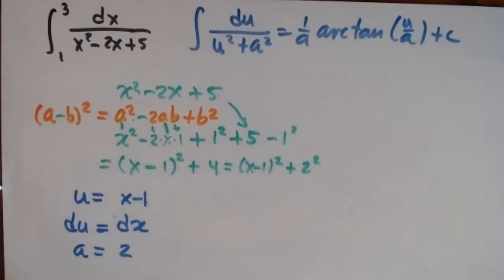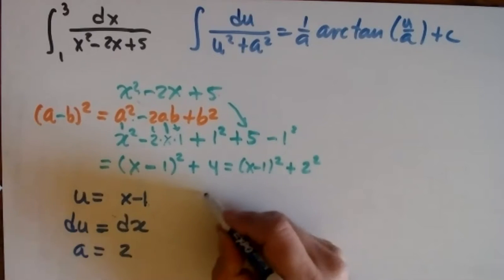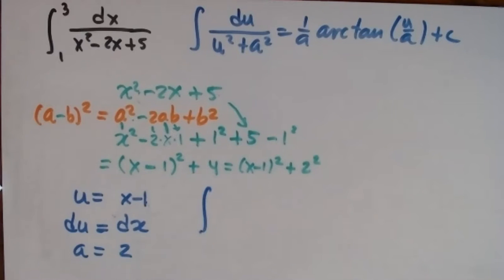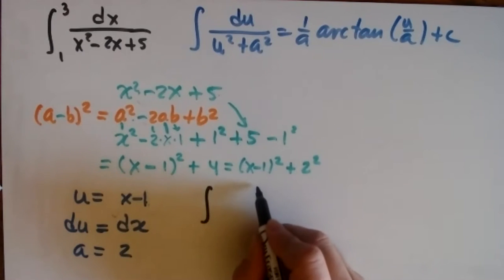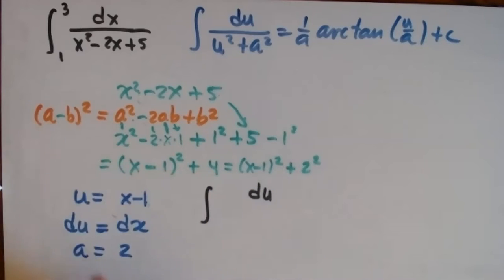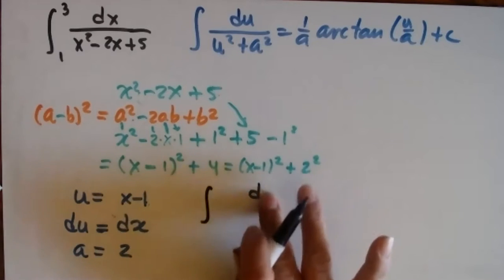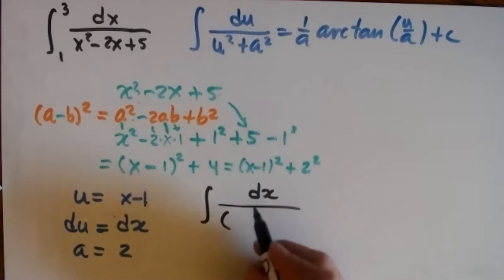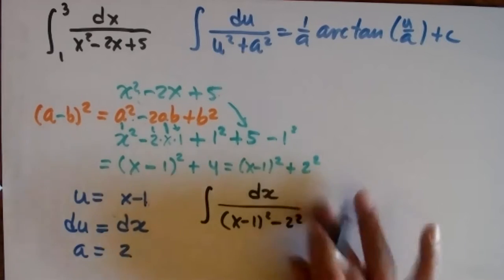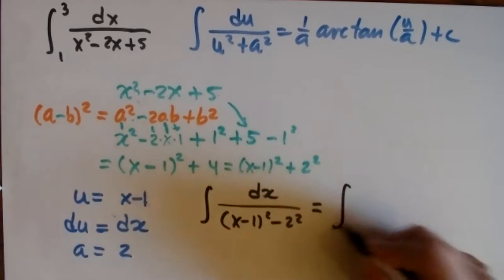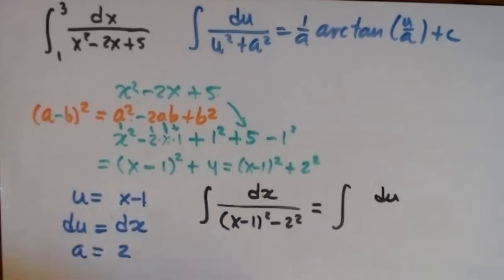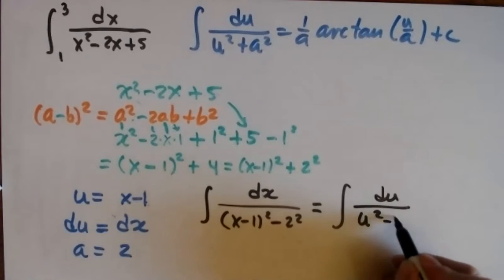So this is going to be the integral, let me write it in the color of the original, of dx over x minus 1 squared minus 2 squared. But here I'm going to change to u. So this is going to be the integral of du, which is dx, over u squared minus 2 squared.